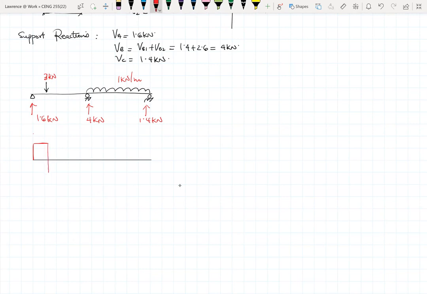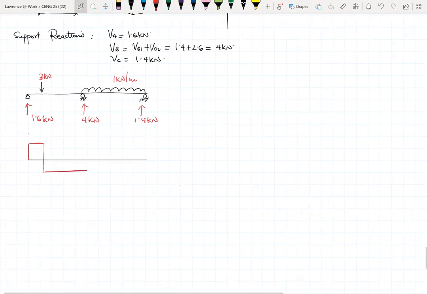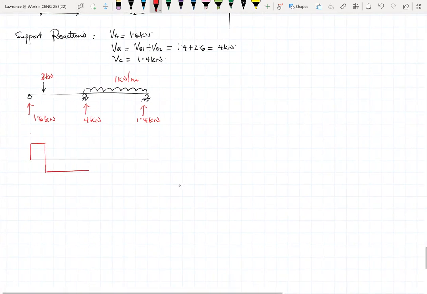So it goes straight till it meets the UDL. Then it jumps to 2.6.